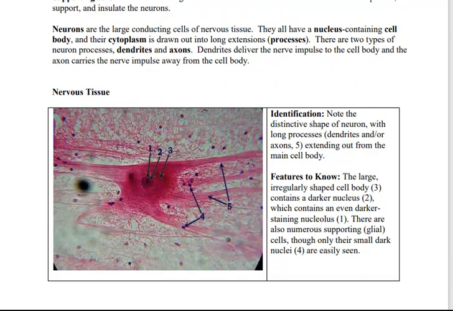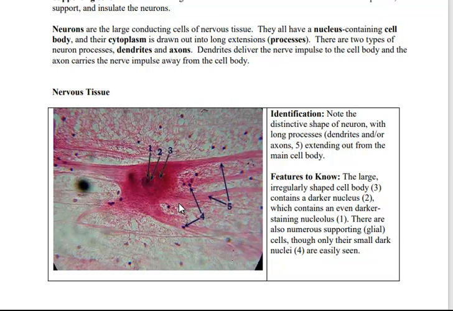Alright, here you have a nerve cell, and this whole thing right here is considered to be the cell body. So that would be the cell where you would find your mitochondria, your endoplasmic reticulum, and all the things you normally find inside of a cell. There's the nucleus, and then there is the nucleolus.